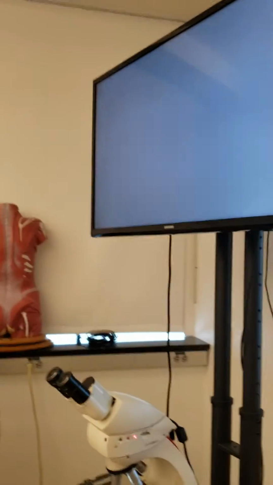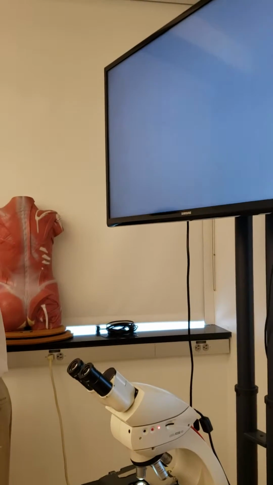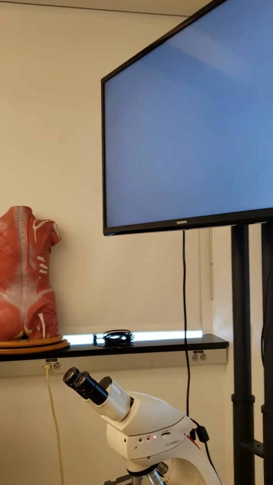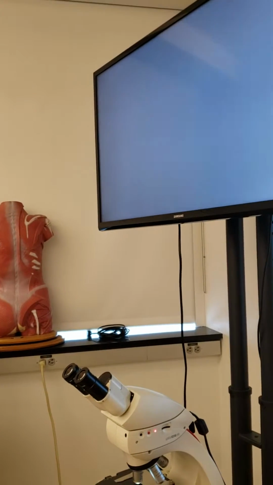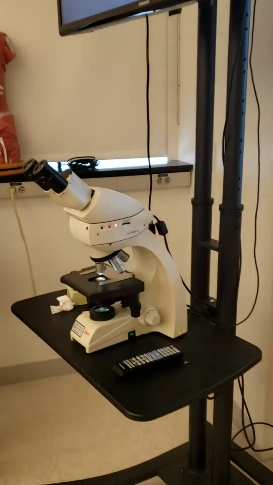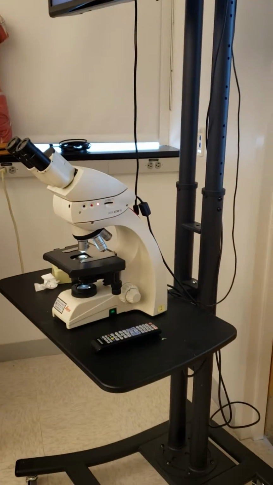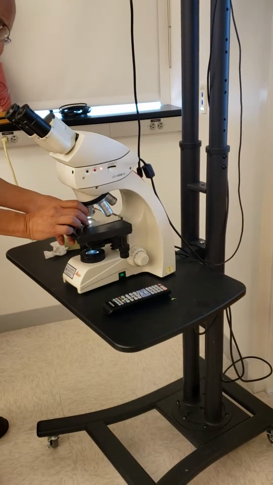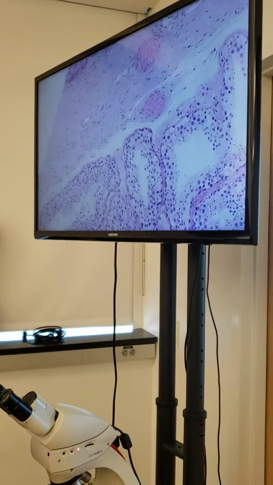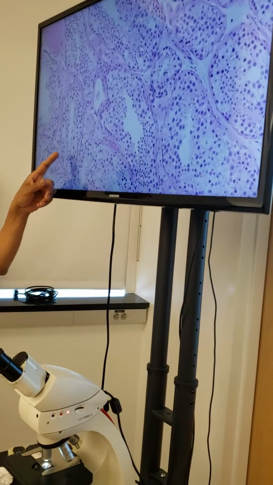And the next is the testes, slide number 5. Each one of these tube-like structure here is seminiferous tubule.